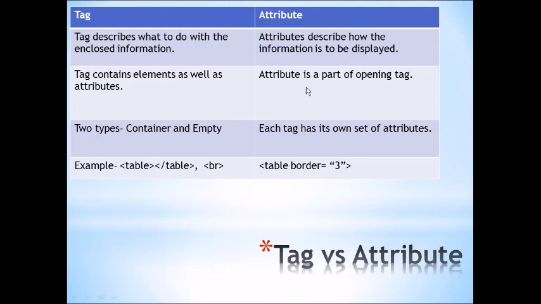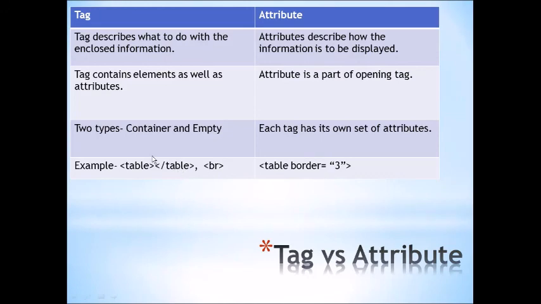And an attribute is a part of the opening tag. Remember students, we have to put all the attributes, whatever we want to describe, in the opening tag only. We cannot put them in the closing tag.